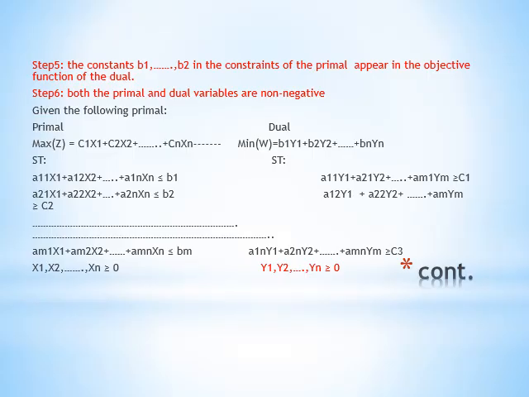So this LPP, linear programming problem, has m constraints, and each constraint represents one phase of the production process.